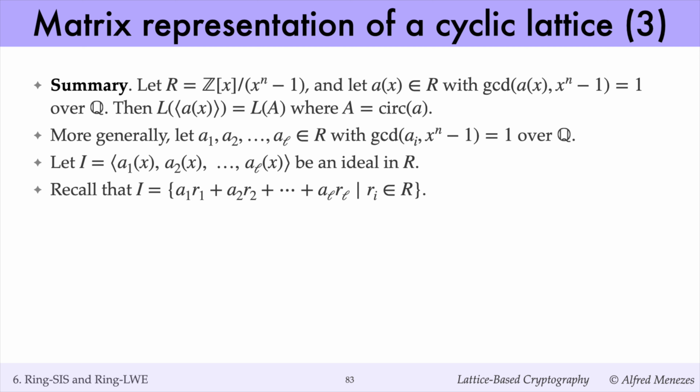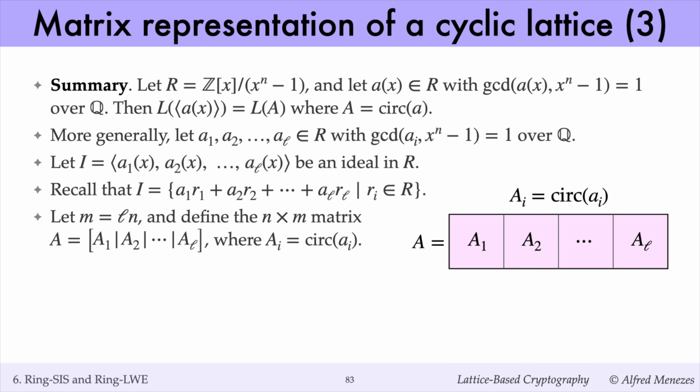More generally, suppose that a1 up to aL are polynomials that are relatively prime with x to the n minus 1, and let I be the ideal generated by them. Let m equal L times n, and let A be the n by m matrix obtained by concatenating the circulant matrices corresponding to a1, a2, up to aL.